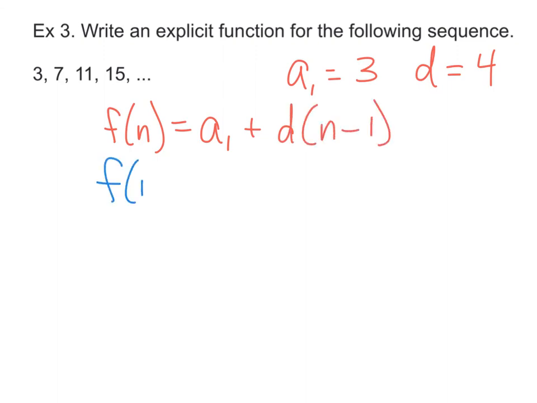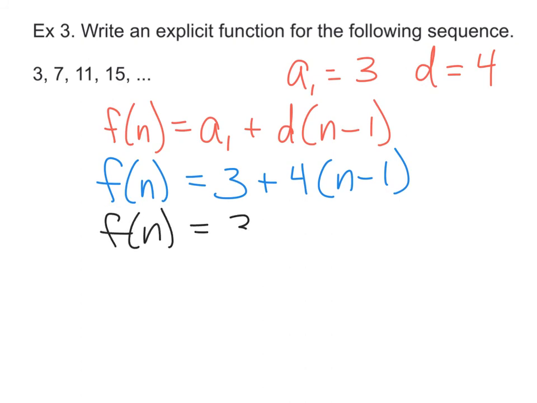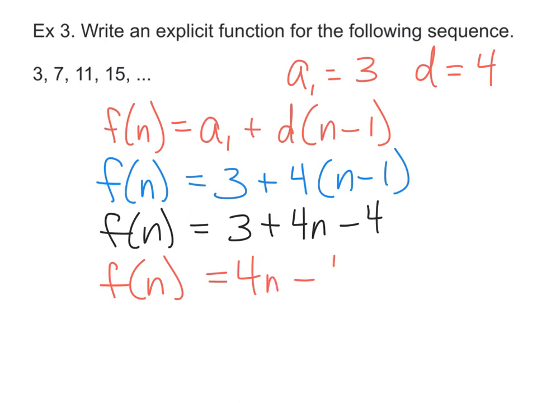So f of n is equal to 3 plus 4 times n minus 1. We need to distribute. F of n is equal to 3 plus 4n minus 4, which ends us with the equation 4n minus 1.